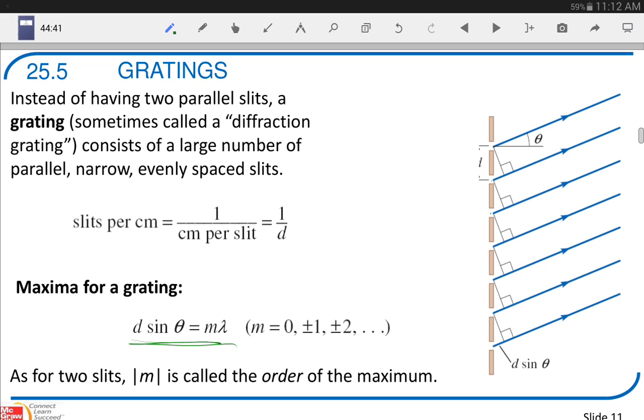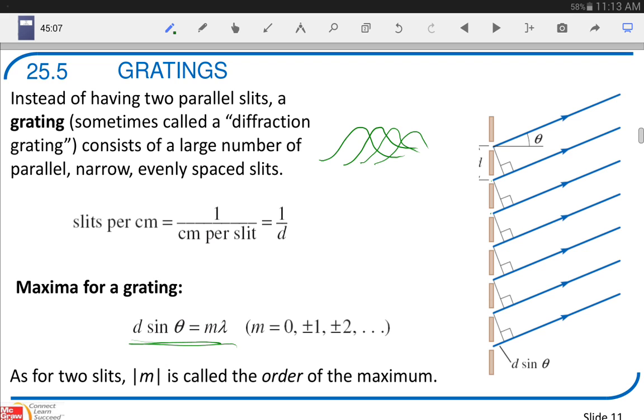But what happens if I'm not at that angle? When I had 2 slits, I had something like this and something like this. It wasn't completely destructive, but it wasn't completely constructive either. When I have a very large number of slits, I'm going to have a very large number of these things going like this, and when you add them all together, they're going to average to 0.